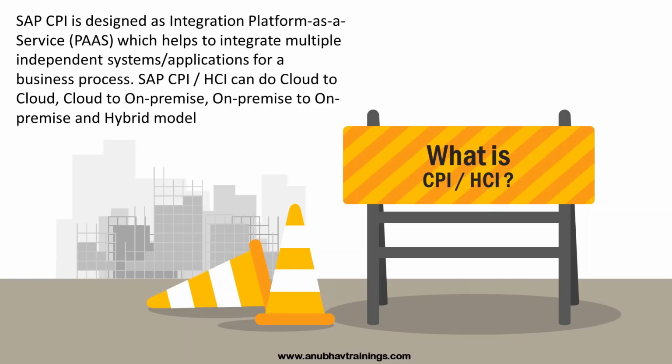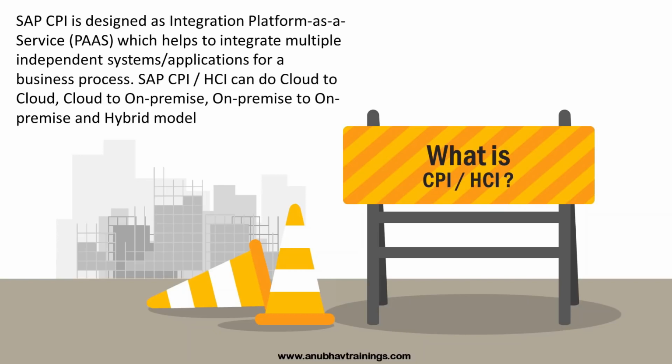So in case I have to give you a very simple definition of what exactly CPI is, it is designed as a platform as a service, PaaS, which helps to integrate multiple independent system applications for a business process. When I say process, you can just map it with the example of Amazon, how your order will be placed and different components will be communicating with each other to fulfill my process.